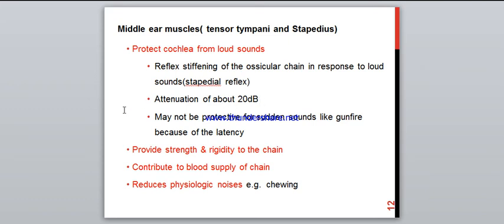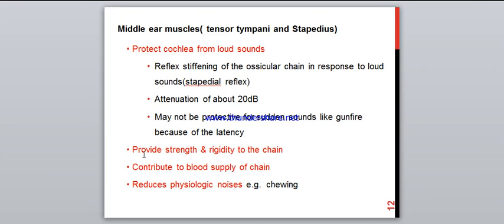It may not be protective for sudden sound, like in gunfire, because of the latency of the reflex.